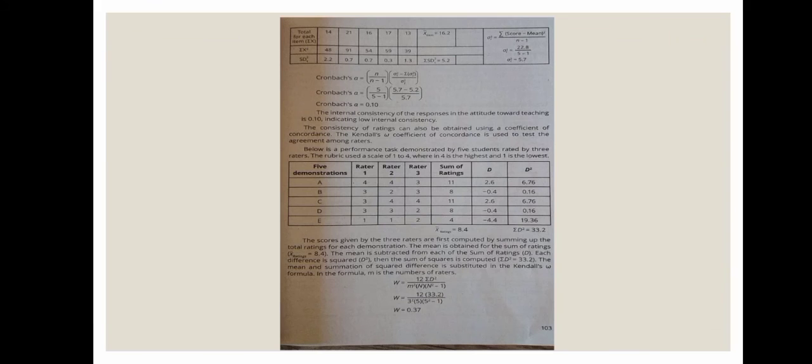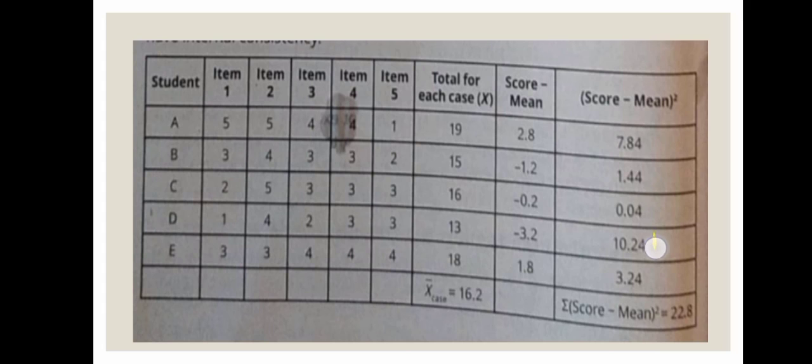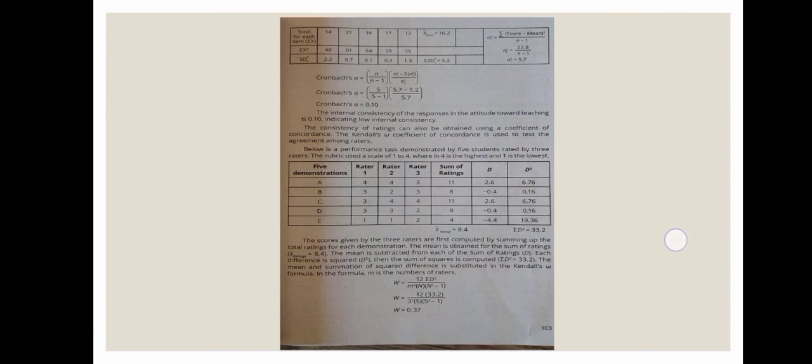Next, we go to the total for each. The Cronbach's alpha, and N. So you saw above that the total for each case of X is 16.2.